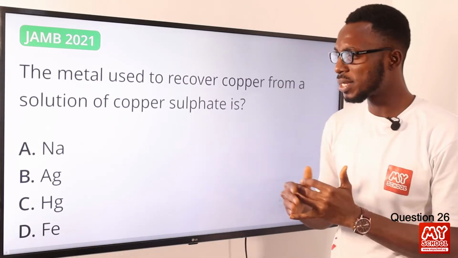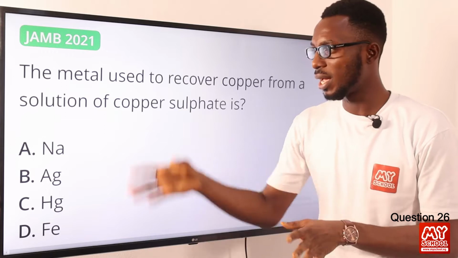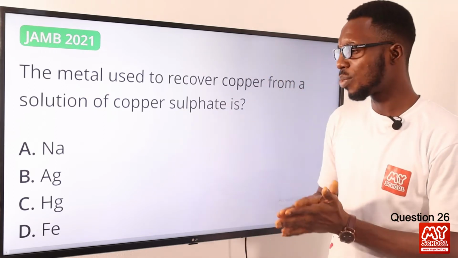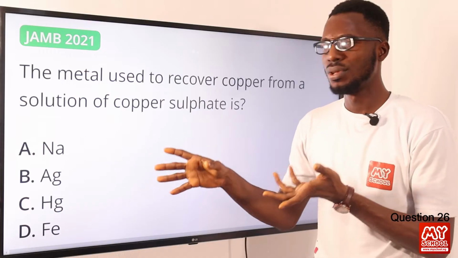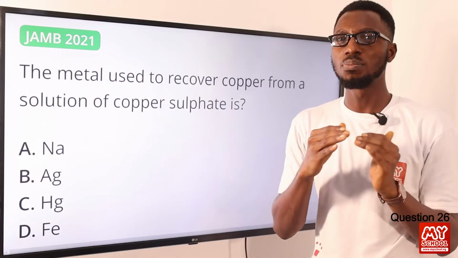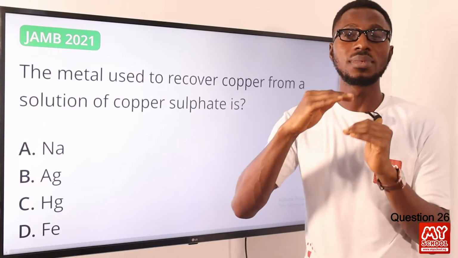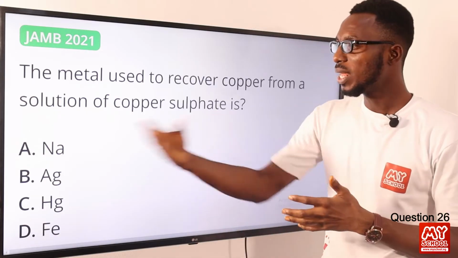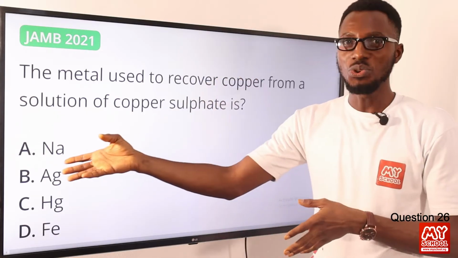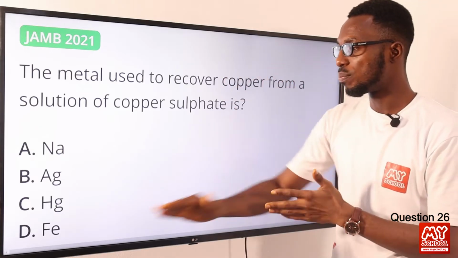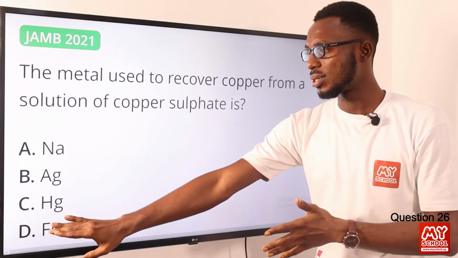At first, iron is inexpensive compared to what we are going to require. And if you look at the reactivity of iron and water, the water has to be in the form of steam for iron to react with it. So looking at the nature of sodium, it is unfit for this kind of recovery. So the best should be iron, based on the options provided.